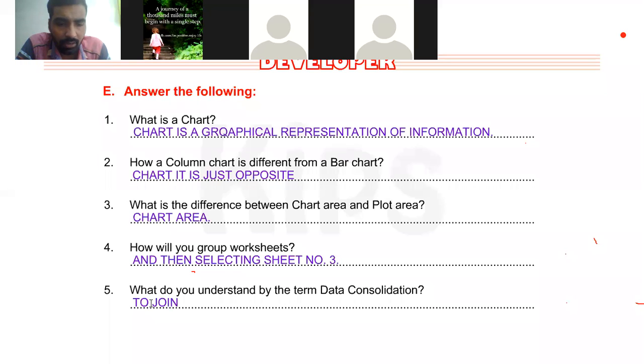To join or combine data of different worksheets into one worksheet is called data consolidation. Okay, children, so these are the answers of these questions.